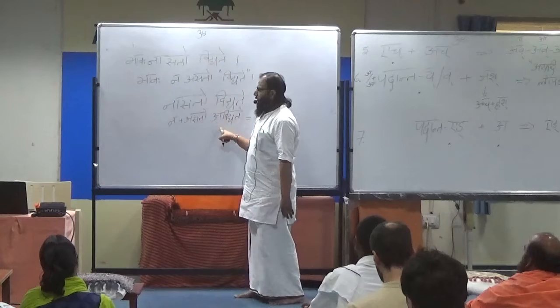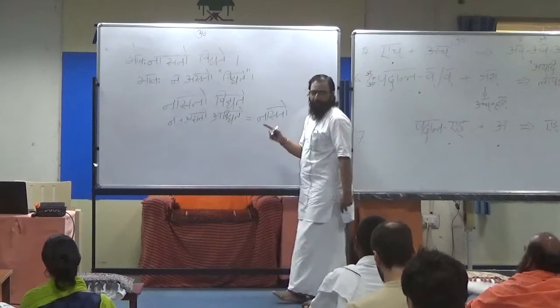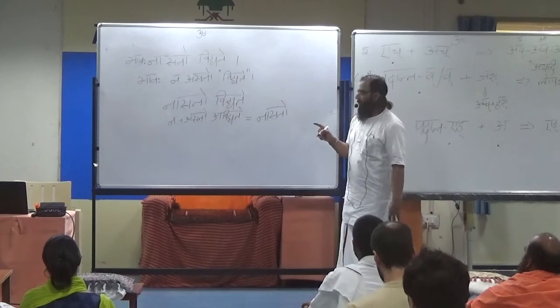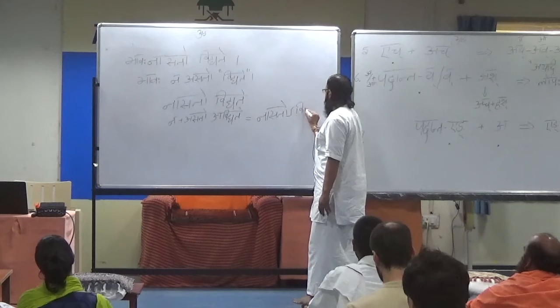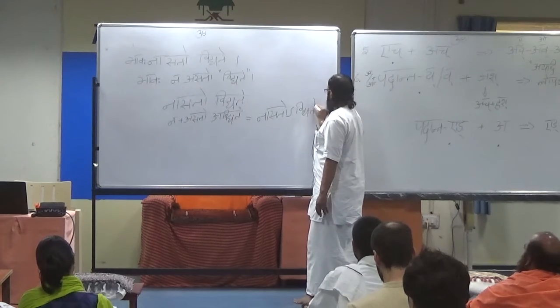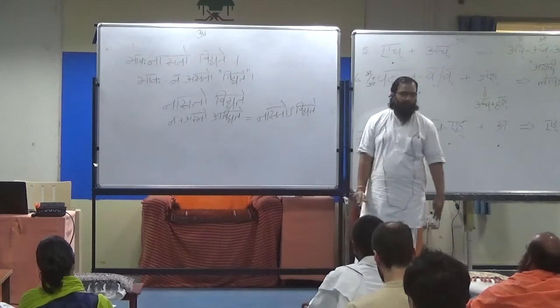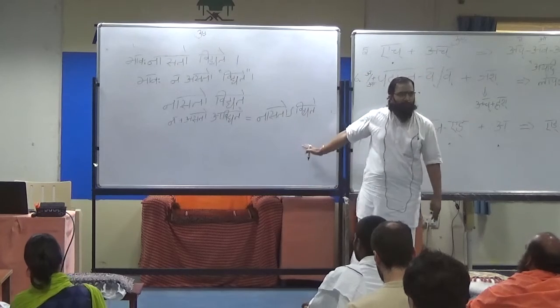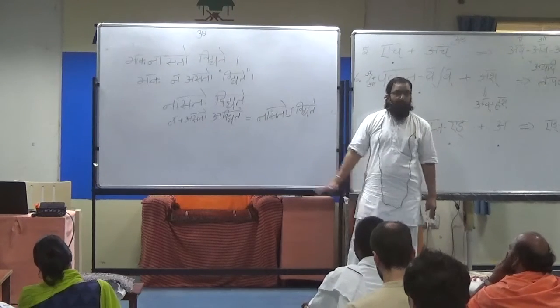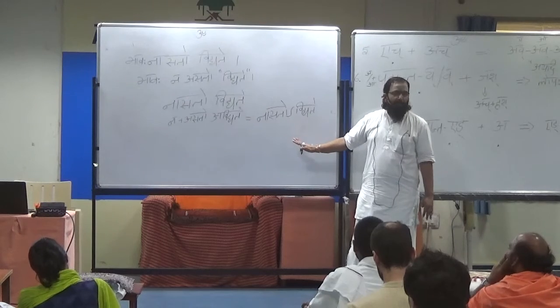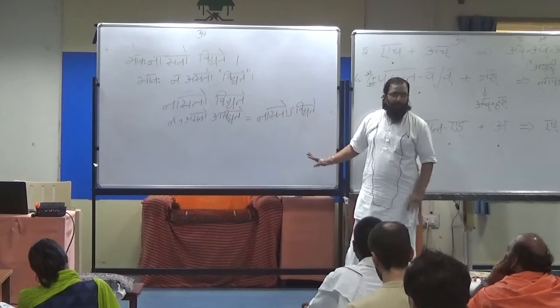Nasato, O plus A. What sandhi is that? Purvarupa. So therefore that will become avidyate. Possible. Nasataha asataha bhavaha na avidyate.